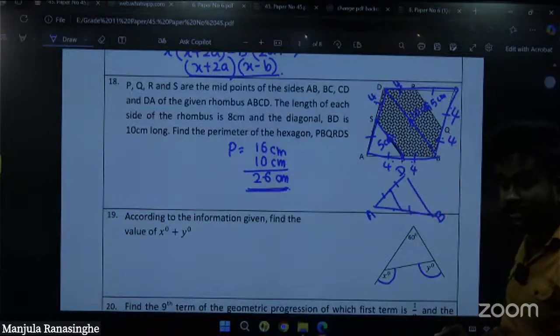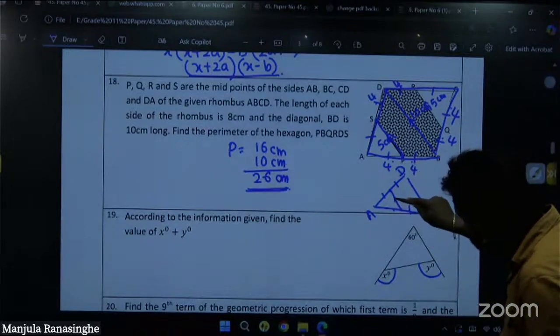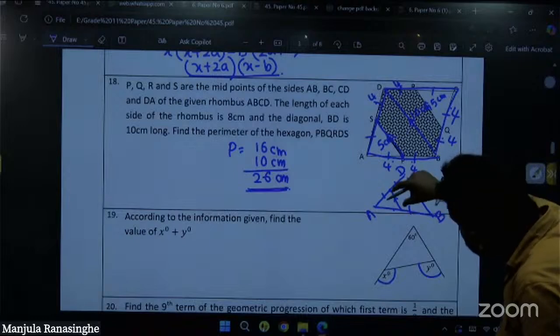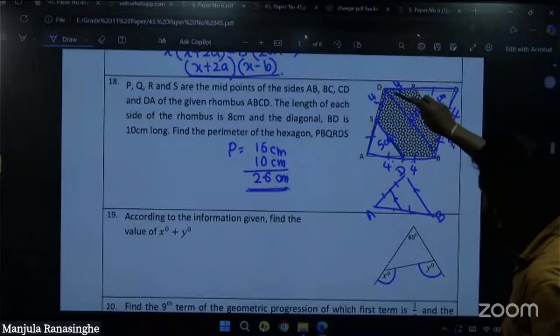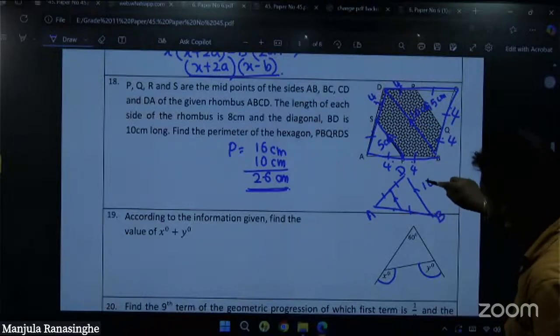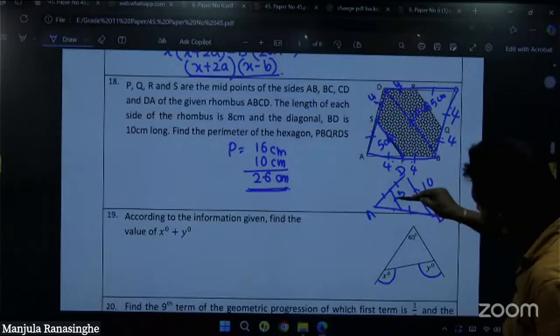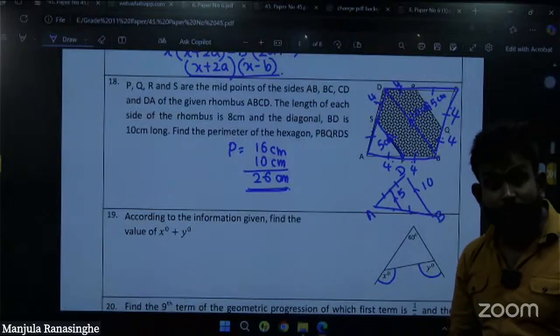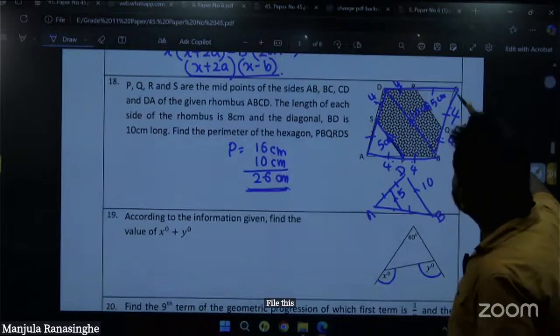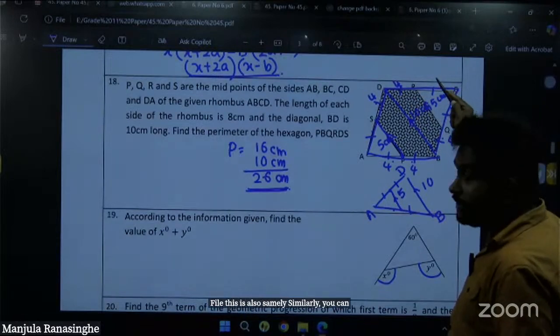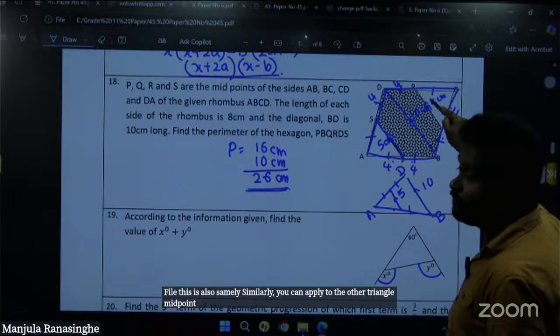Then the midpoint theorem says that this is parallel to this one, as well as lengthwise, this is half of the DB length, the diagonal length. So the diagonal length is given as 10 centimeters, then here is half of that. Why? As per the midpoint theorem. Then this is 5. Similarly, you can apply this to the other triangle's midpoints, and 10 here, then half of that is 5.